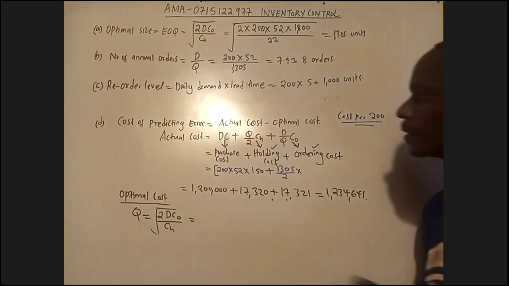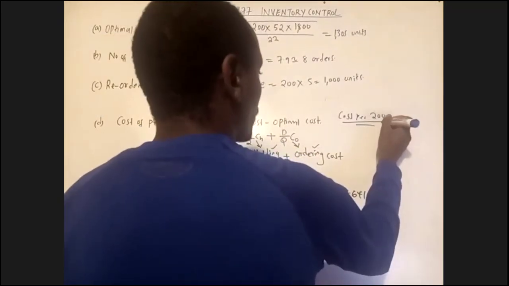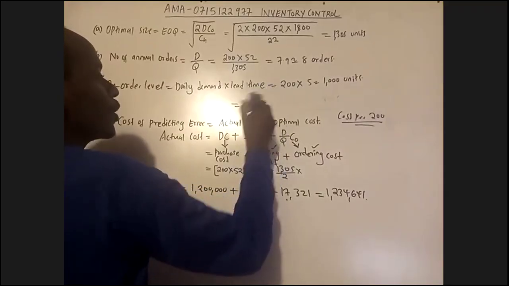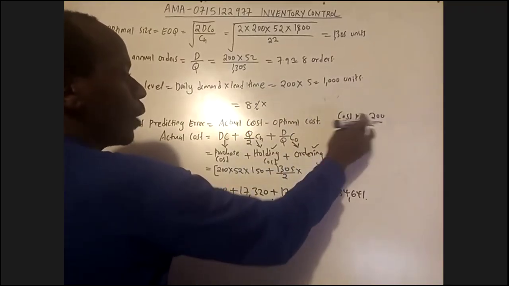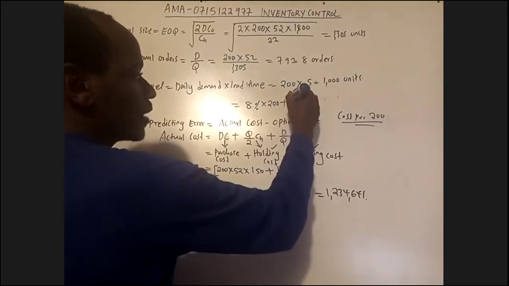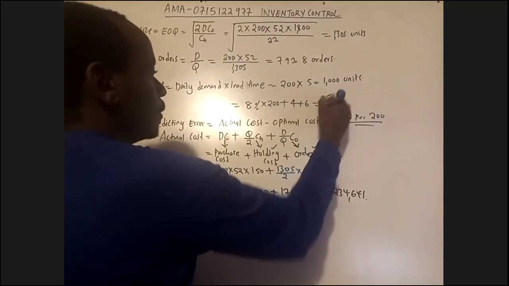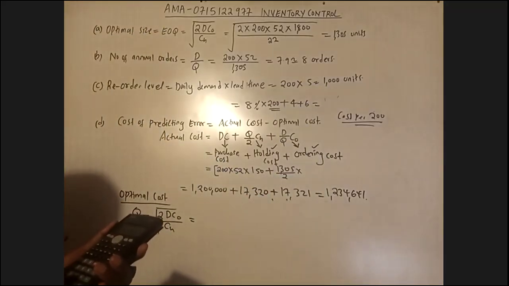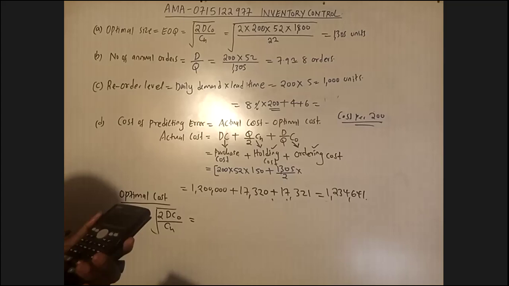So let's compute it, using 200 this time. The percentage was 80%. Don't use the initial 150, so we use 200, plus you add the others, 4 plus 6. So it will be 0.08 times 200 plus 4 plus 6.